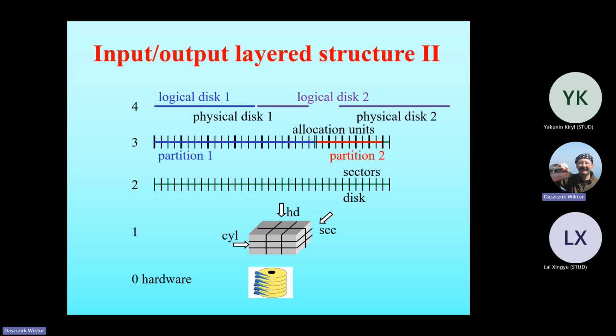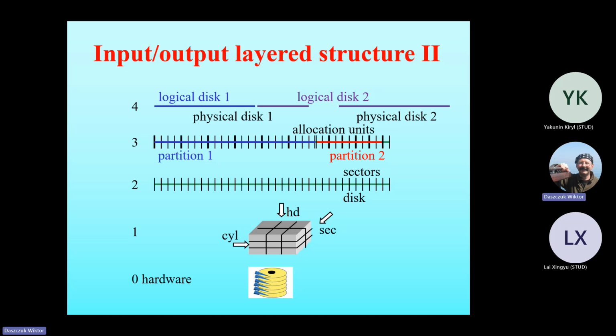We can take one SAS disk and one SATA disk, and we can join them into one logical disk, because this level driver knows that if the address is in the first scope, the transmission is on disk 1, otherwise it's on disk 2.